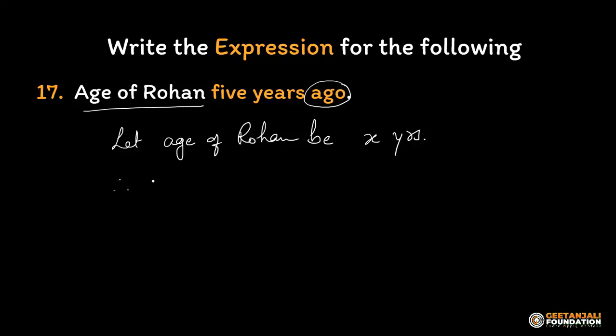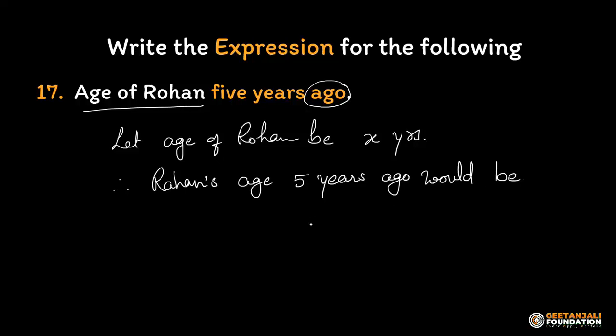Therefore Rohan's age 5 years ago would be equal to x minus 5. So you can write age of Rohan 5 years ago as x minus 5 years. His age was x minus 5 years, 5 years ago. These are the word problems; many times you will see them when you have to solve equations based on age. These types of questions come many times.